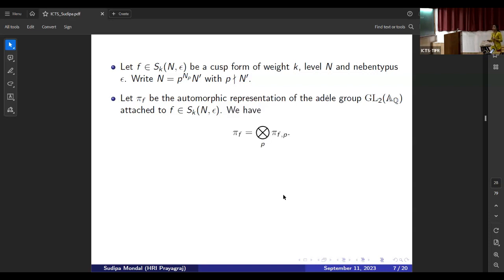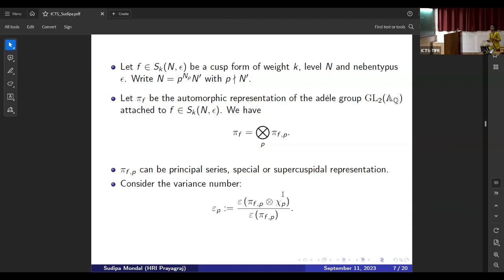Then we have this decomposition of pi as irreducible admissible representations of GL2(Q_p). Now, from the classification of irreducible admissible representations of GL2(Q_p), we know that this is either a principal series, special, or supercuspidal representation. So now consider this number epsilon_p, which is the ratio of the epsilon factors.